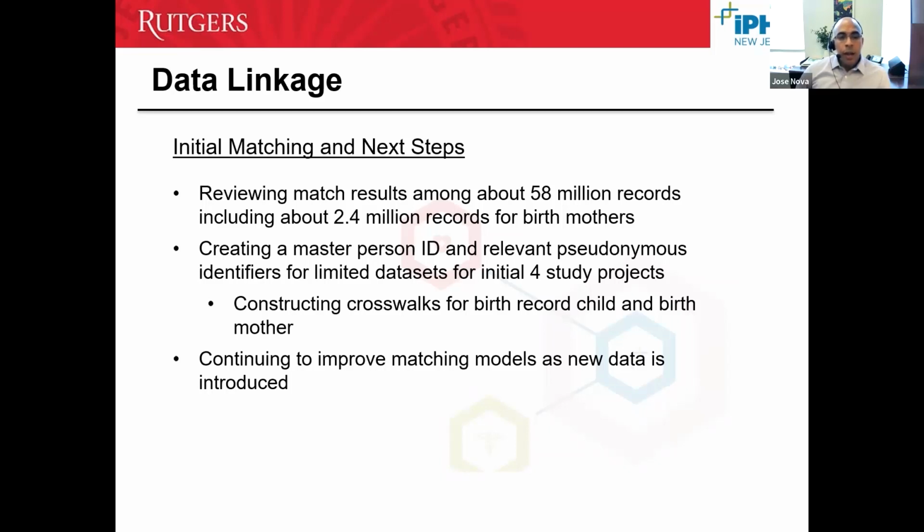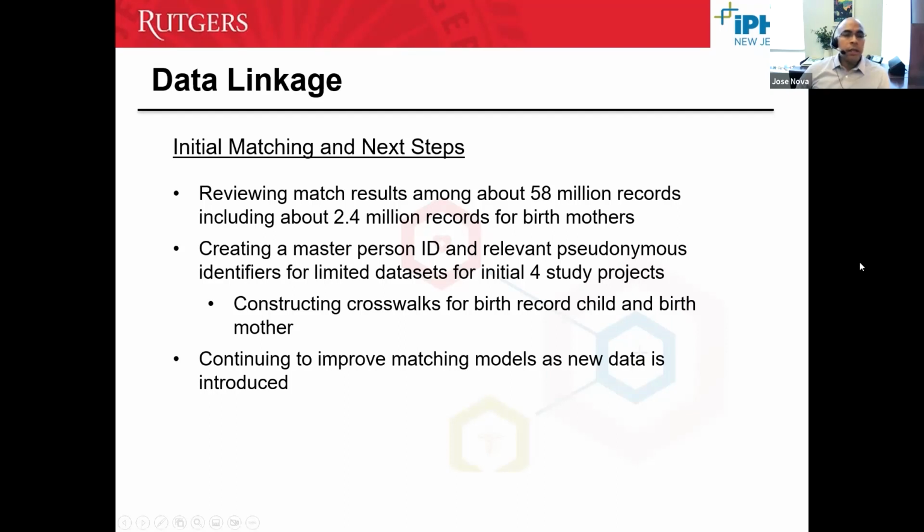We're evaluating those results and doing more testing before we make a final decision on assigning a master person ID for those that were deemed to be matches. So we'll be creating that master person ID and relevant pseudonymous identifiers or study IDs for limited data sets for the initial 4 study projects.